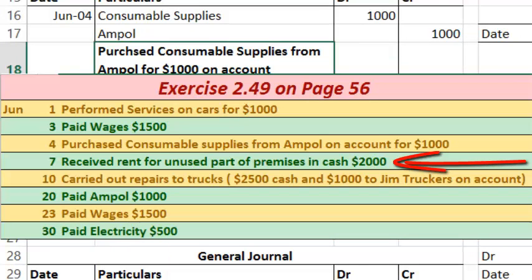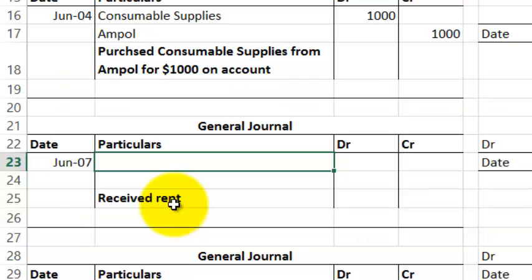The next transaction is a little bit more unusual. We have actually rented out a section of our business to somebody else, and we've received some cash, and the revenue is going to be called rent received. Let's put this in first.